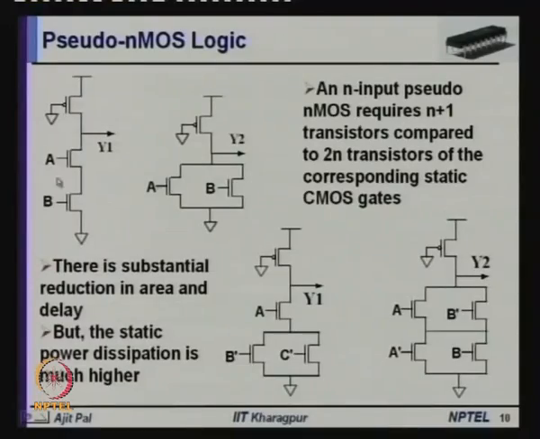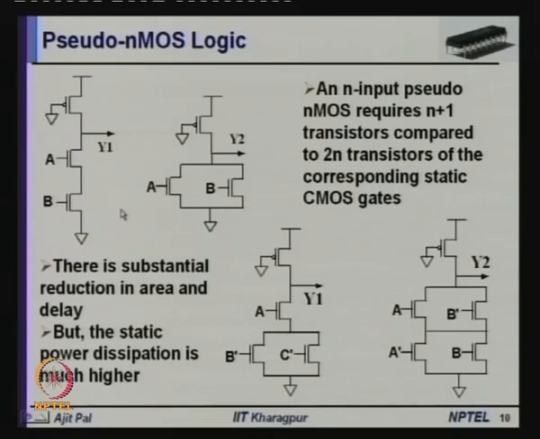Not only that, each output will drive only one NMOS transistor. It will not go to the PMOS transistors, because there is only one PMOS transistor, which is grounded. So, an n-input pseudo NMOS requires n plus 1 transistors compared to 2n transistors of the corresponding static CMOS gates, and this will lead to a substantial reduction in area and delay.